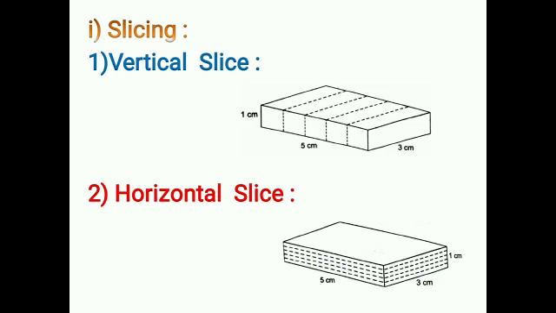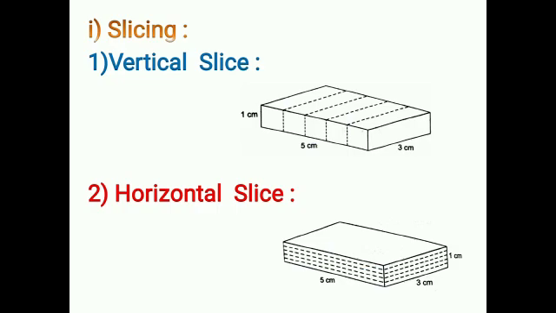So now we have to slice horizontally like this. Vertically means like this, horizontally means like this. So if we slice the cuboid horizontally, we again get a rectangular cross section. So there are two types, vertically and horizontally.